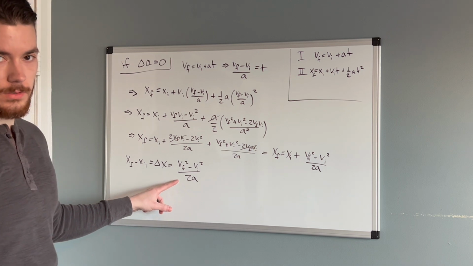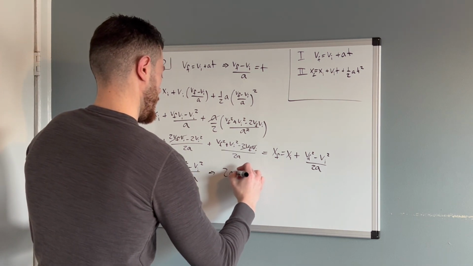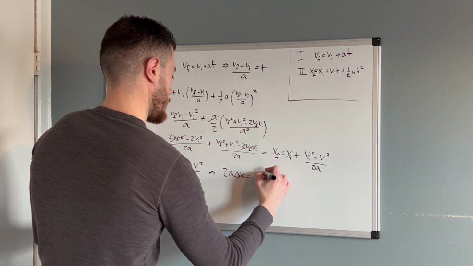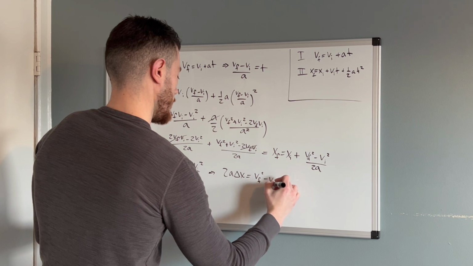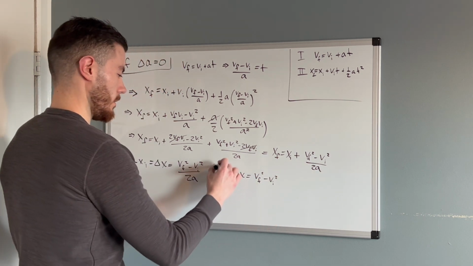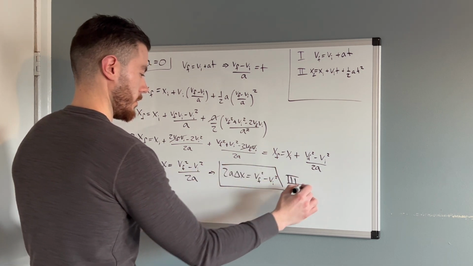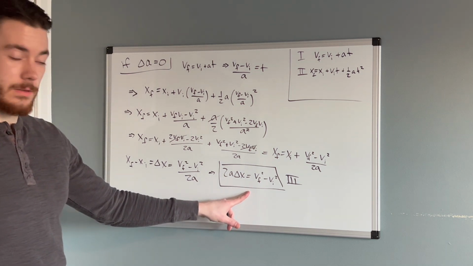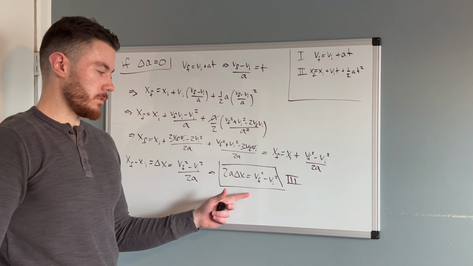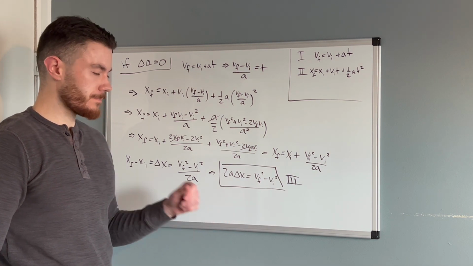Let us multiply by 2a on both sides. 2a delta x equals vf squared minus vi squared. And that's our third kinematic equation. Notice that this one has no time in it. So it's referred to as the time-independent kinematic equation.